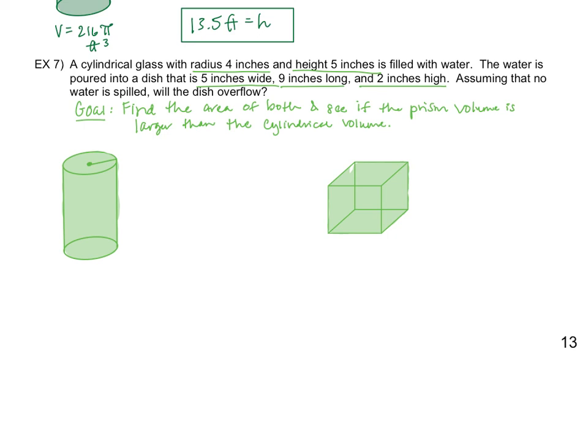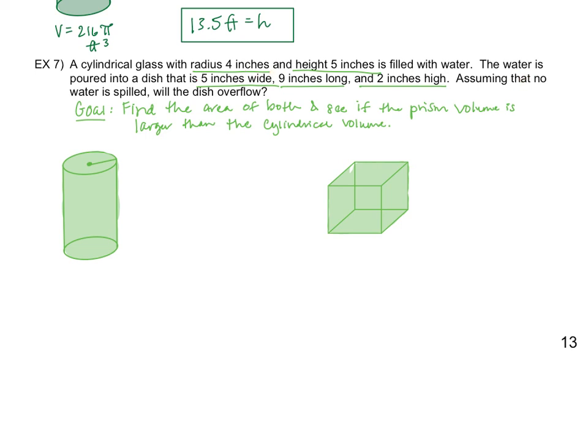Interesting. So again, the purpose of pointing out areas is that we have to find the area of each base. That's what it's referencing, finding the area of each base and seeing if this prism's volume is big enough, if it's larger than the cylindrical volume.